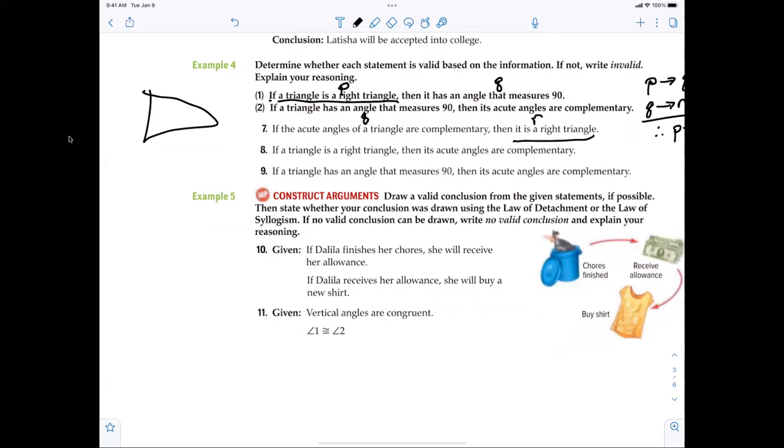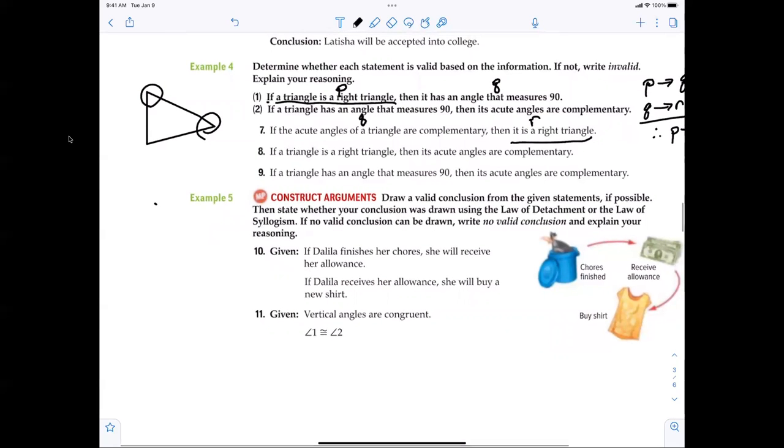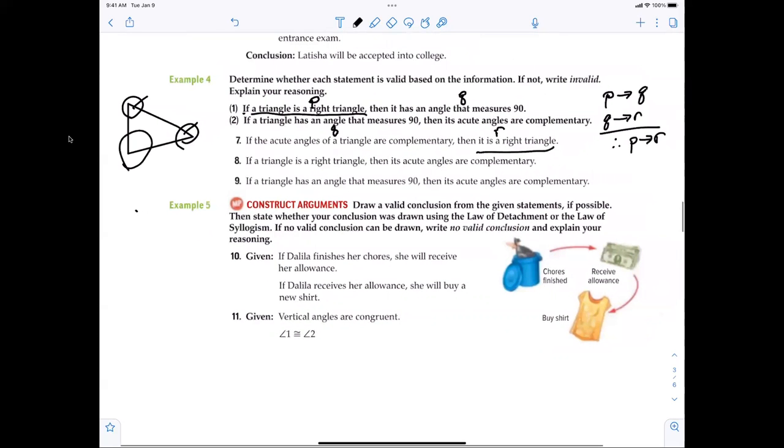If we draw a triangle, and these two angles right here are complementary, then what has to be true about this angle right here? Because the angles of a triangle add up to 180, right? Does that make sense? So if these two angles are complementary and it's a triangle, then that has to be 90 degrees. So that is in fact true.